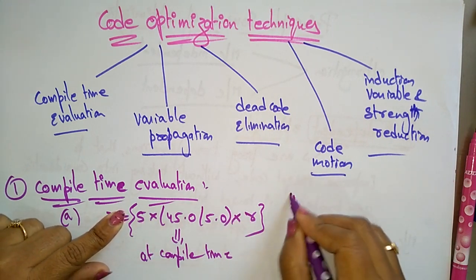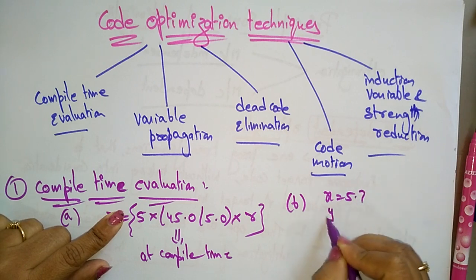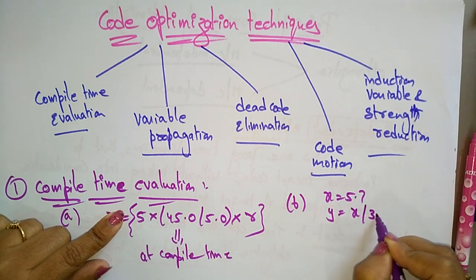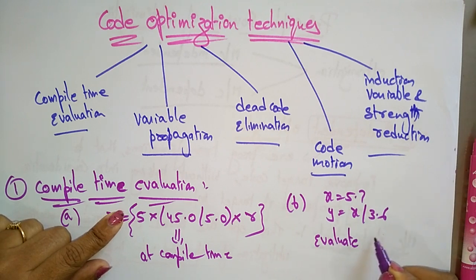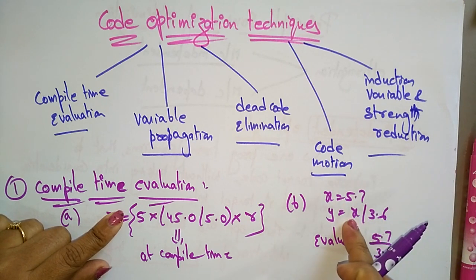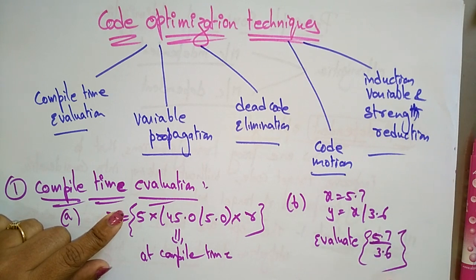Okay. So let's take another expression. Suppose x is equal to 5.7 and y is equal to x by 3.6. Now what is going to be evaluated at compile time? It directly evaluates 5.7 by 3.6. It directly substitutes the value here and evaluates this expression at compile time.